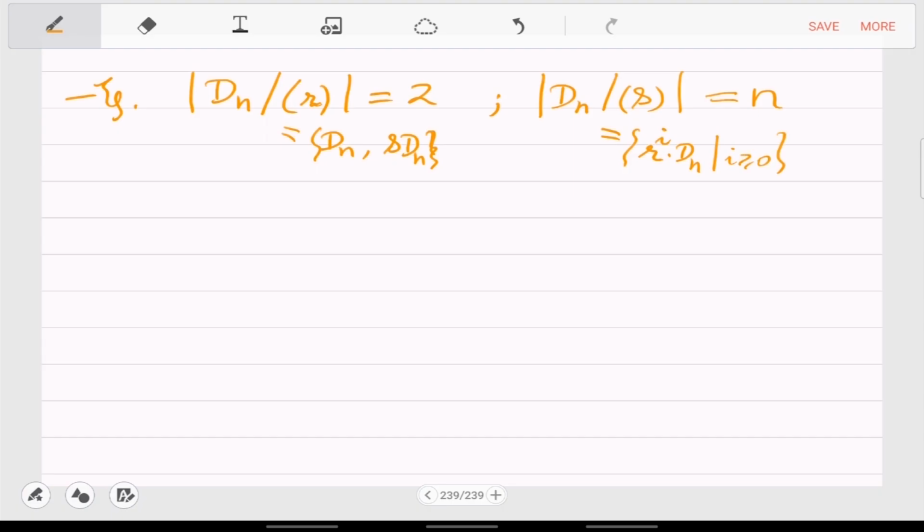Okay, so these representatives will be n many. These are the n rotations. Right, so in symmetry you can see nicely what this normal subgroup is doing. The normal subgroup helps you understand the bigger group, and you can see that many things are false.